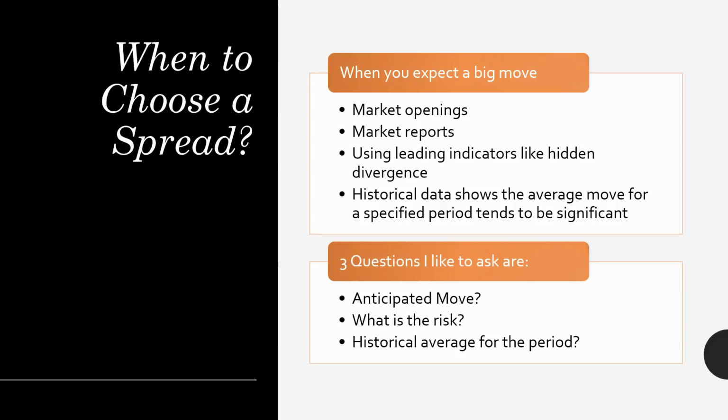Now, the three questions that I really like to ask before I choose whether to trade a spread or a binary is, what is my anticipated move, okay? And typically, if you're trading market action, once you have a pullback, then you're entering on a pullback, you're expecting the previous high to be tested, or you're expecting the previous low to be tested.